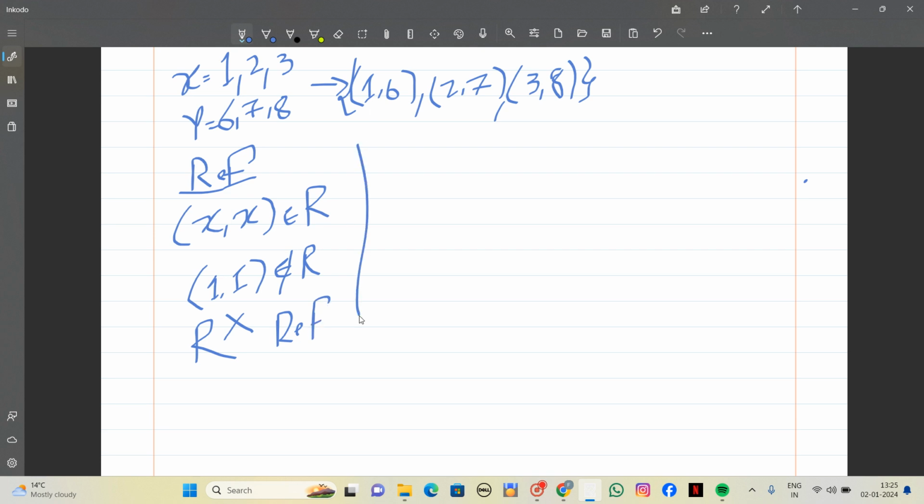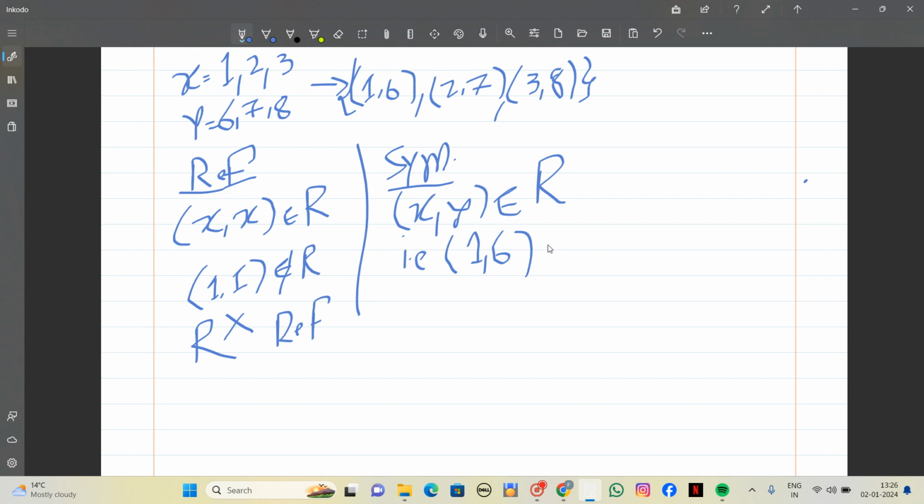So for symmetric, the relation of elements (x, y) belongs to R, that is (1, 6) is belonging to R. So (y, x) should also belong to R for making the relation symmetric.